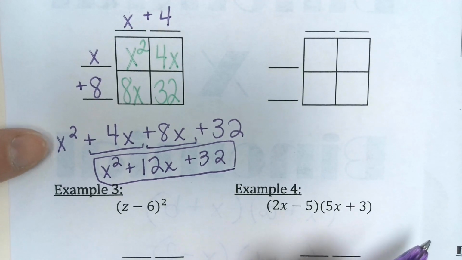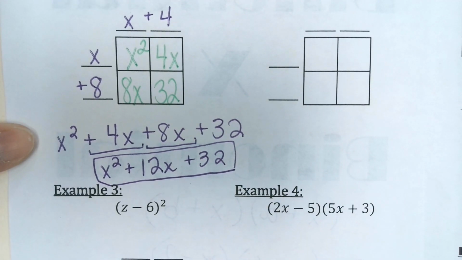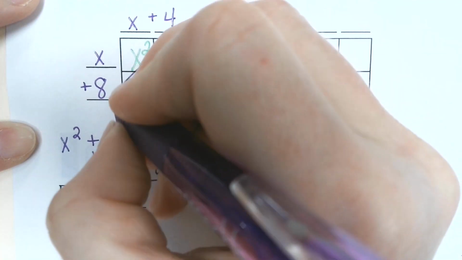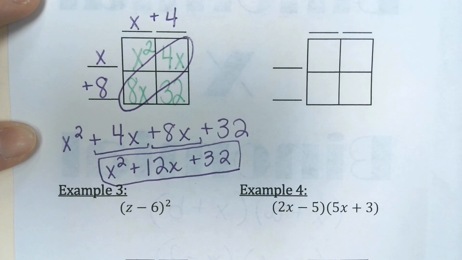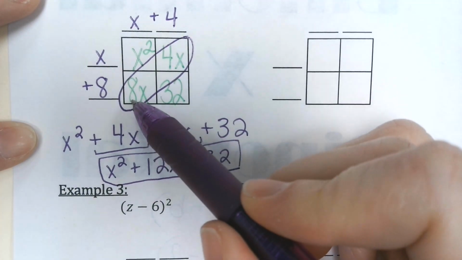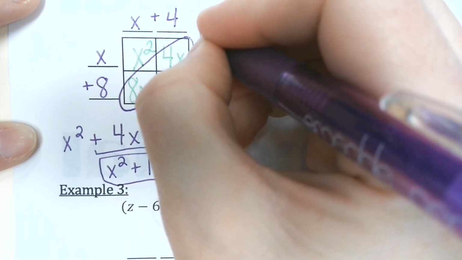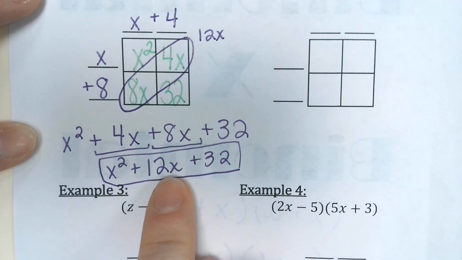This step isn't absolutely necessary, because look, these are our like terms. We could just circle those and add them together. 8x plus 4x is 12x, which is that middle term right there.